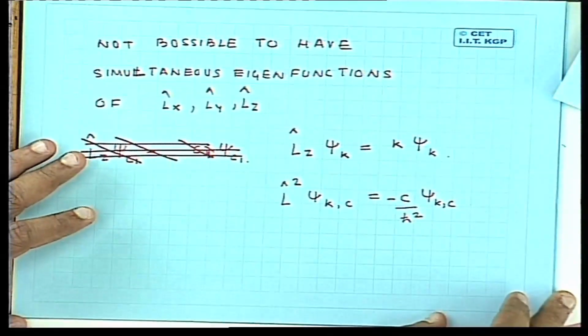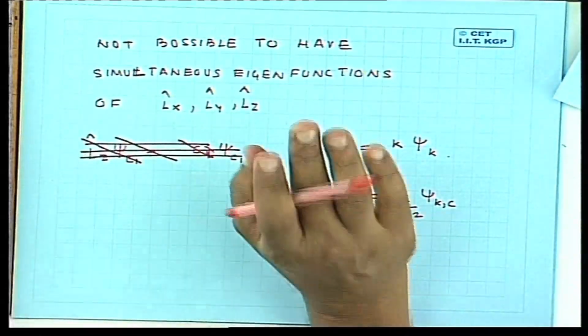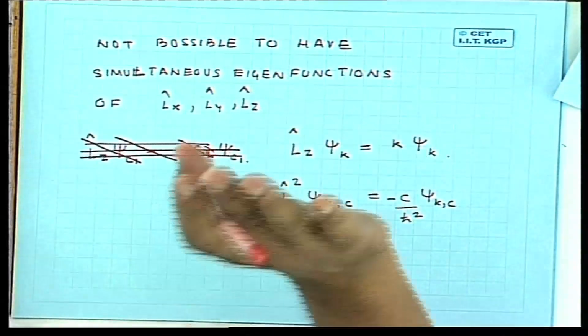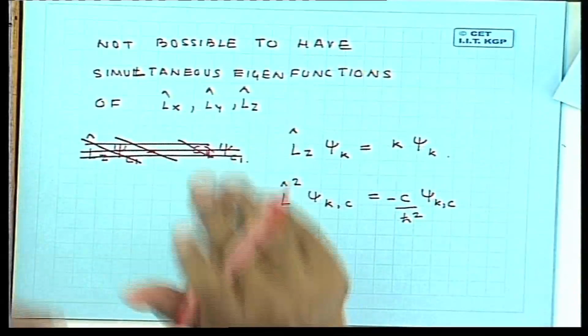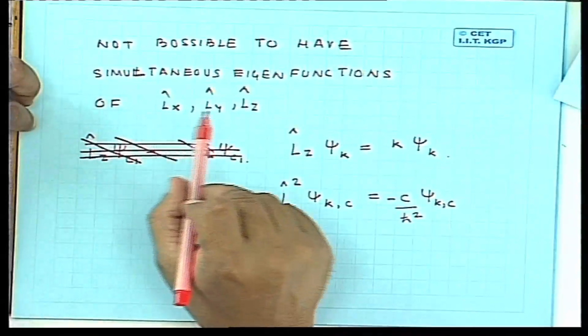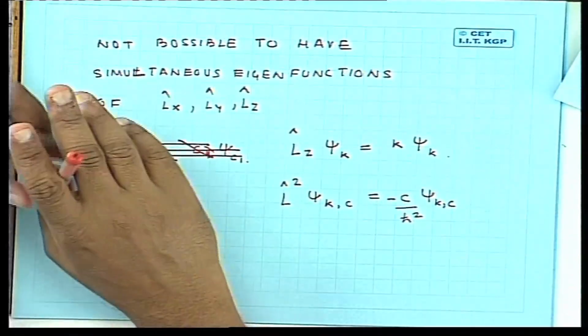Now what is the physical implication of this? Suppose I have a particle in some arbitrary state, and I make a measurement of the z component of the angular momentum. Once I do, it will go into one of the eigenfunctions of Lz. These will not be eigenfunctions of Lx and Ly. So if I know Lz precisely, I will not have precise information about Lx and Ly.